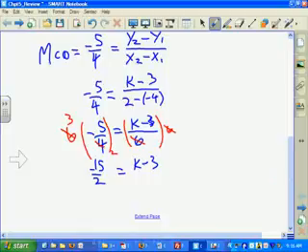It's a little bit cleaner in that we don't have the fraction on this side, but we have a fraction on this side still. By 2? Sure.